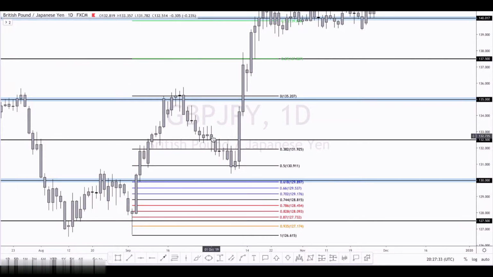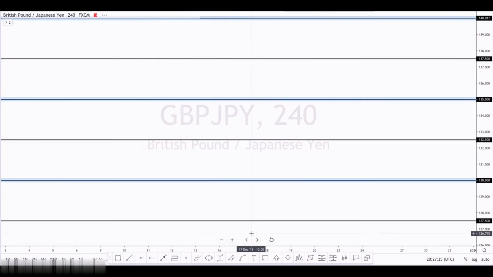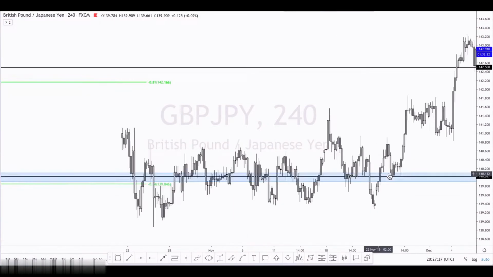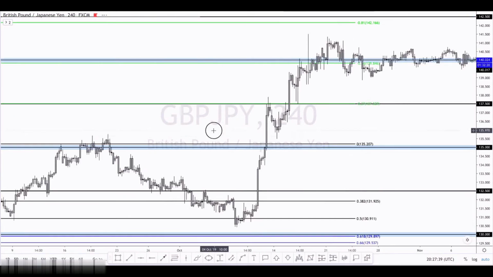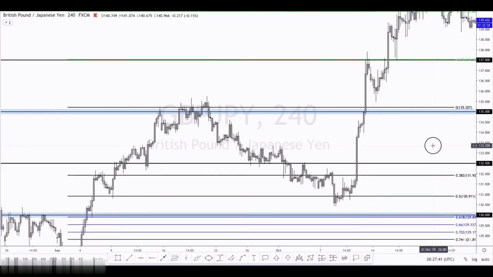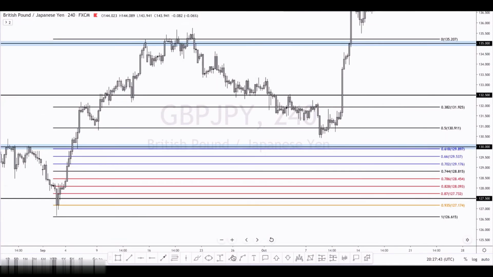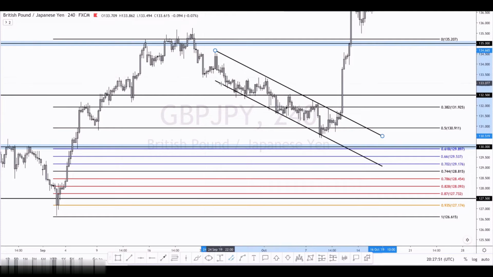So in that daily structure, that B to C leg, we've got corrective structure, and that's where personally I like to apply my channel, so to speak. When you see pound yen here, we've got a nice channel on pound yen. Let's just take that fib off.